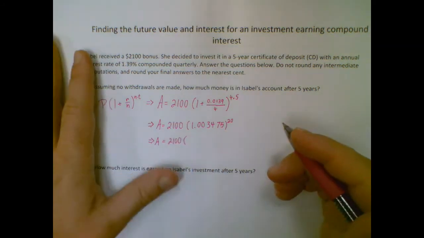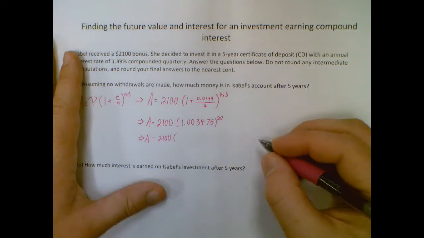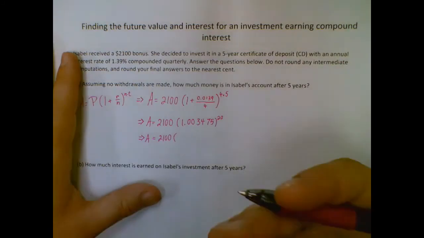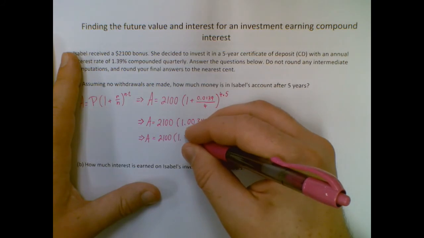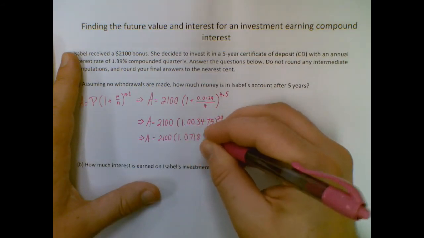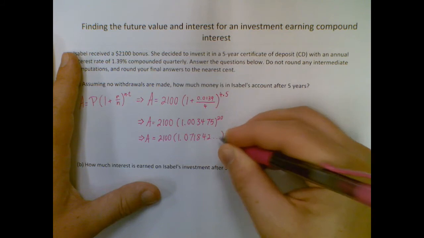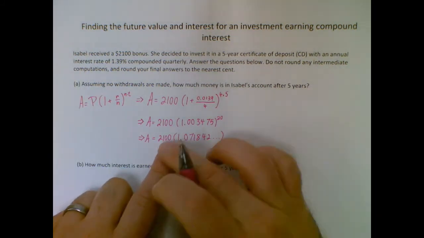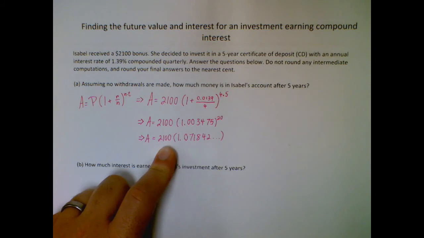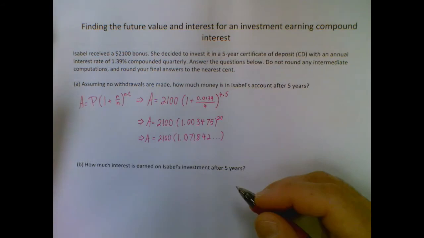And you end up with a long decimal, so I'm not going to write the whole thing out for you. Just make sure you don't clear your calculator. But it's approximately 1.071842, etc. So don't clear your calculator, leave it in there, and just hit times 2100. If you try and type it back in, it will round, which is a problem.